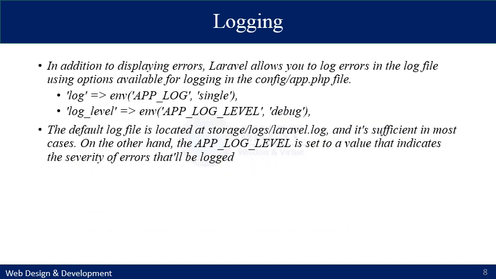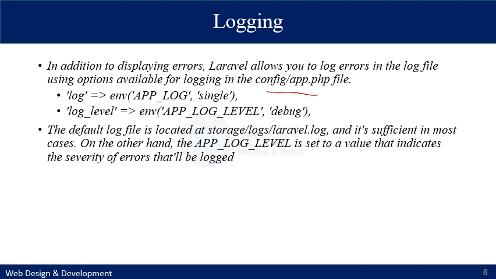The other way to find out information about the error or where the error has occurred is the logging mechanism. In addition to displaying errors, Laravel allows you to log errors into the log file using the options available for logging in the config/app.php file again.